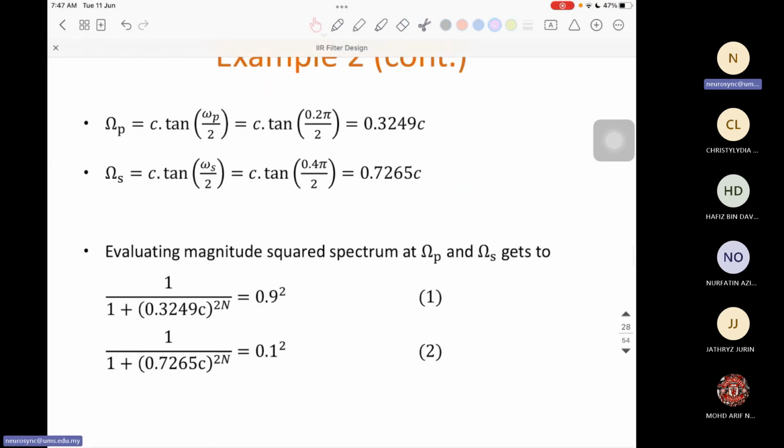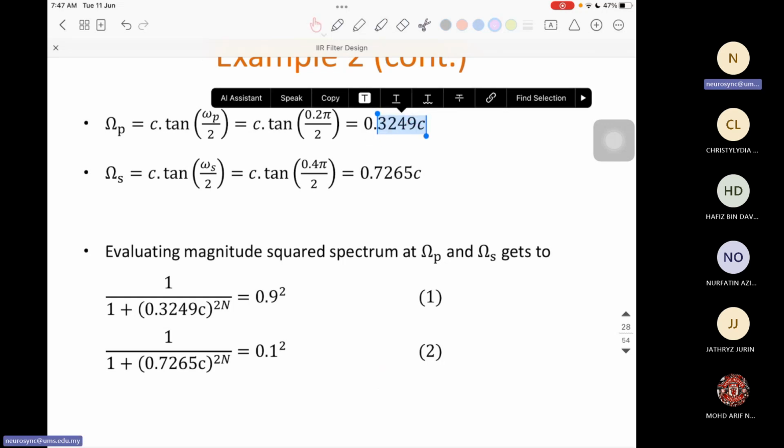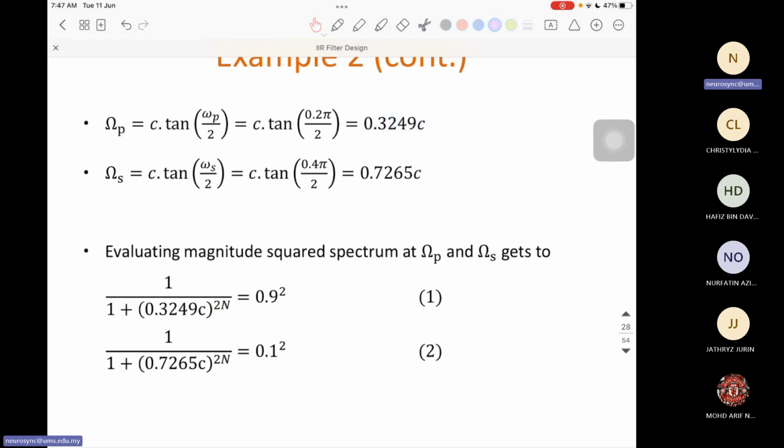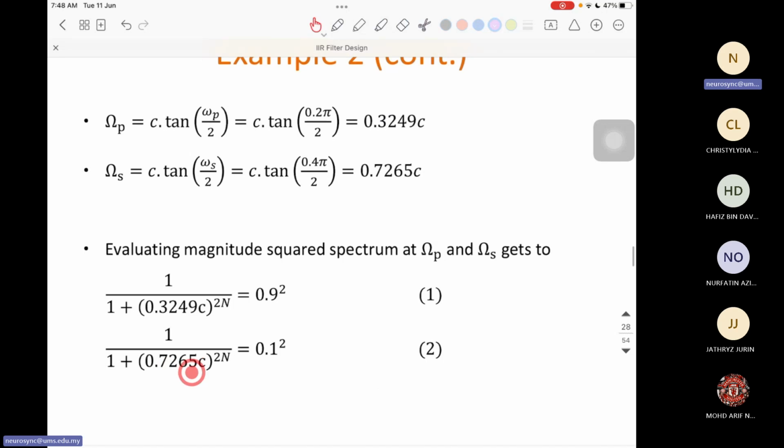So therefore this is equal to 1 by 1 plus omega p to the power 2n. Similarly for omega s, the magnitude squared spectrum at omega s is 0.1 square, which is equal to 1 divided by 1 plus omega s to the power 2n.